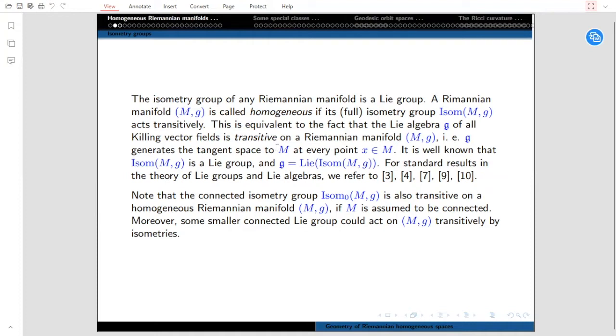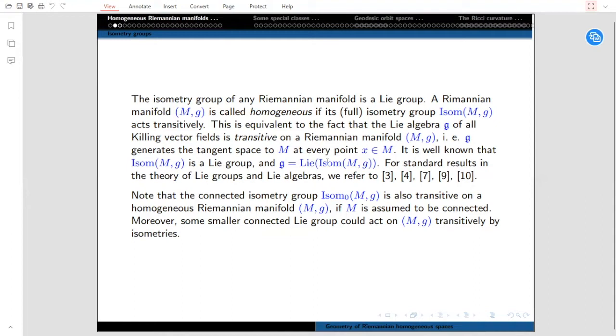A Riemannian manifold is called homogeneous if its full isometry group acts transitively. This is equivalent to the fact that the Lie algebra G of all Killing vector fields is transitive on the Riemannian manifold. Or it could be reformulated in the following way: G generates a tangent space to M at every point X.